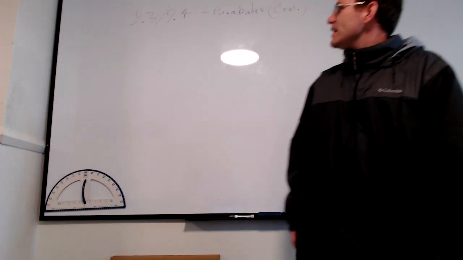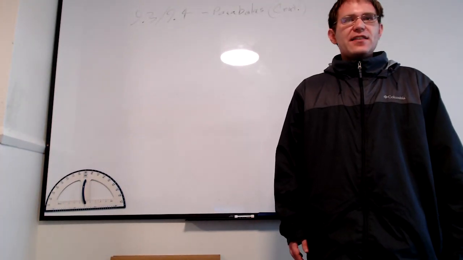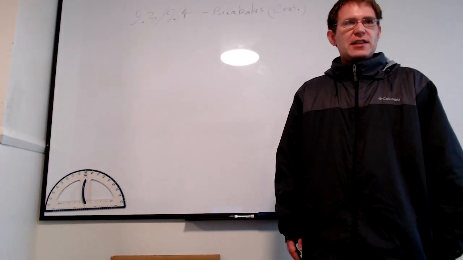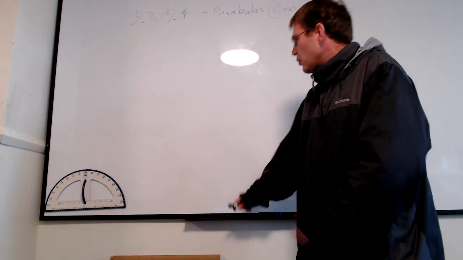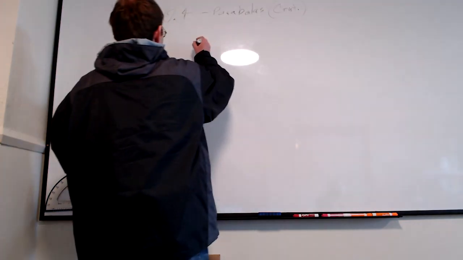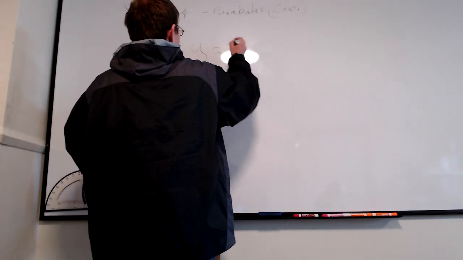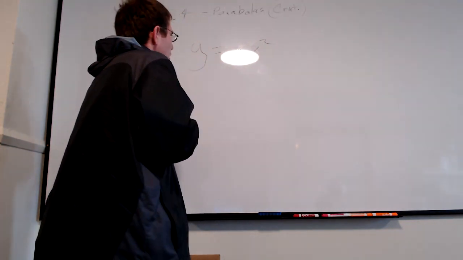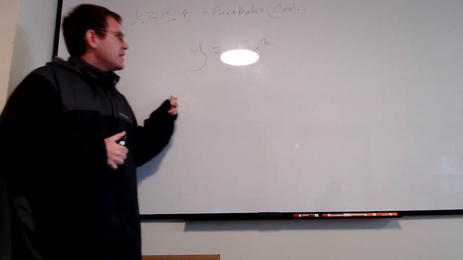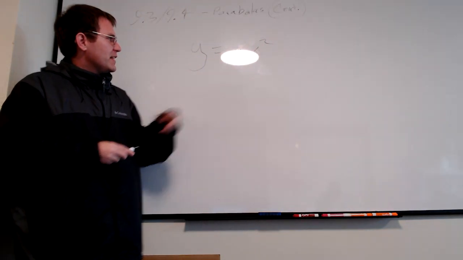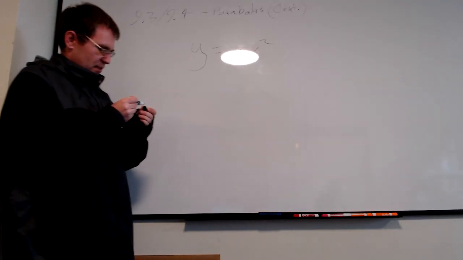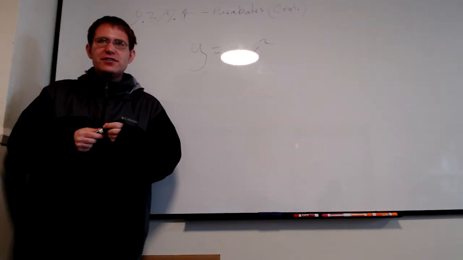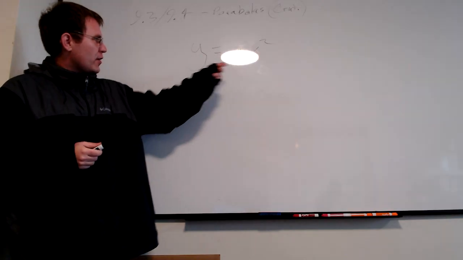We're going to continue in sections 9.3 and 9.4 talking about parabolas. We first started out with parabolas of the form y equals ax squared. What are some things we can know about a parabola of this kind? Does anyone recall any features?